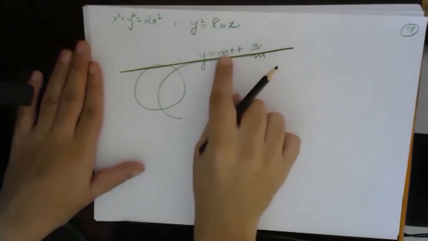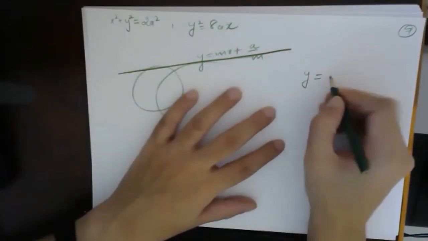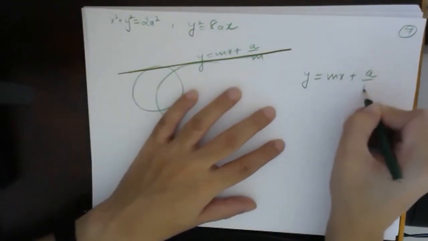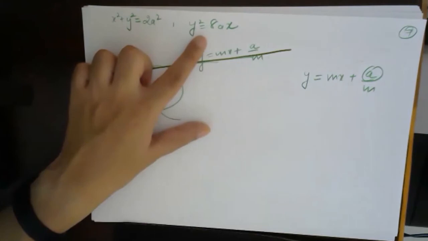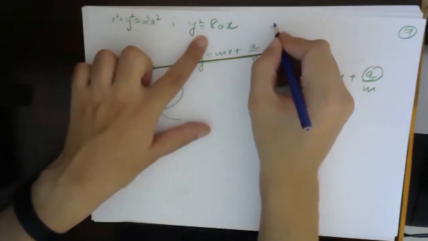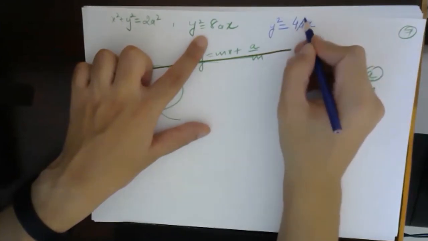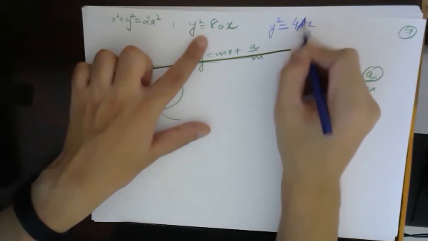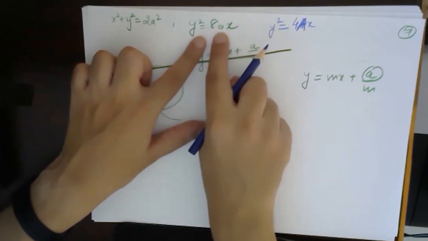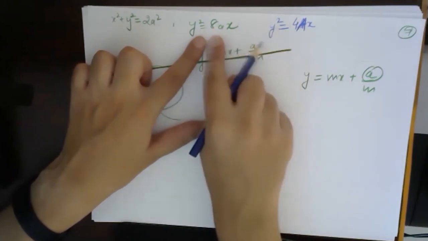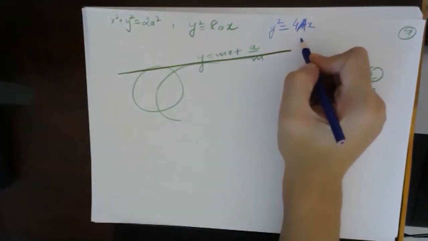So first I will find this. Here, what is a? If I compare this with the equation y square is equals to 4 capital A x, then what is capital A? 8 is 4 into 2, so this capital A becomes 2a.